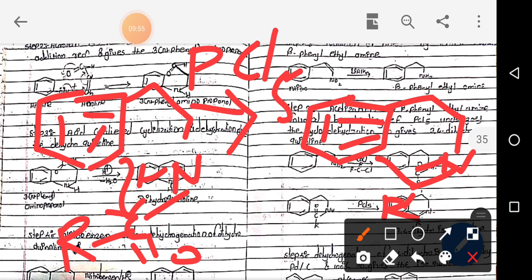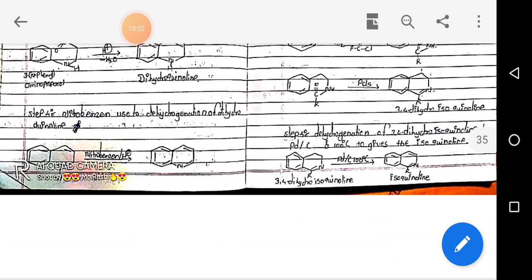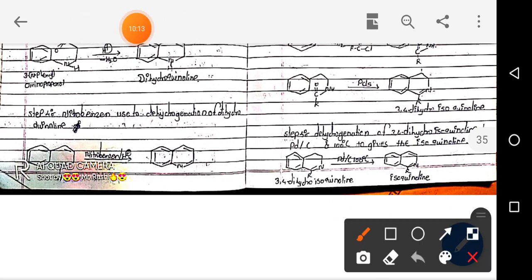So in the next step we will find out the reactions. How can we form the double bonds in this case? The structure is given.